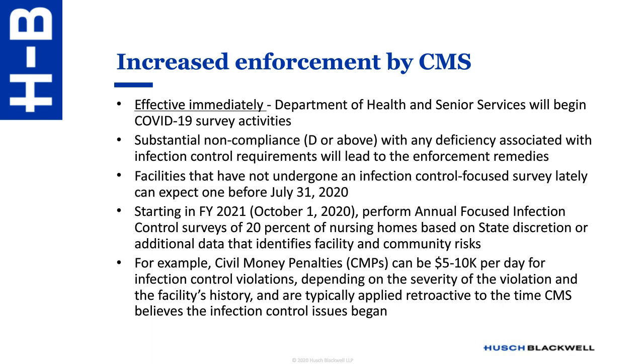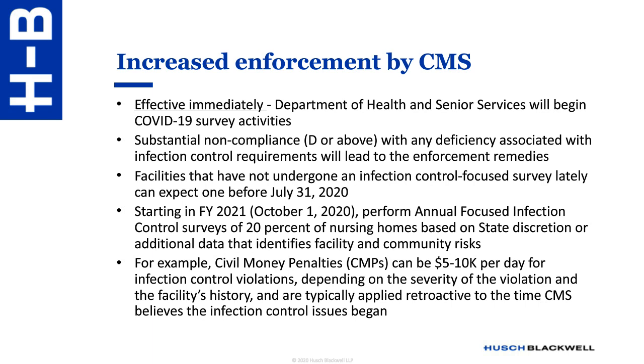So you can be looking at a huge fine. It's really important for everybody to be in this constant state of survey readiness and pay attention to those prioritization areas that we discussed before. If you have a COVID-19 positive case, you should be on high alert. That is the time to dedicate as many resources as possible to the facility.